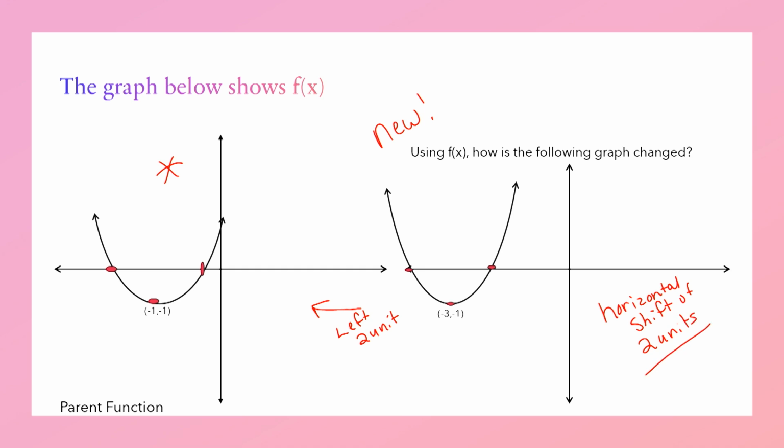Make sure that you write that in your notes page. I have a horizontal shift. Where the other 2, I had a vertical rise or drop, up or down. Now I'm looking at horizontal, which is my left and right. Real good job. All right, let's look at our next one.